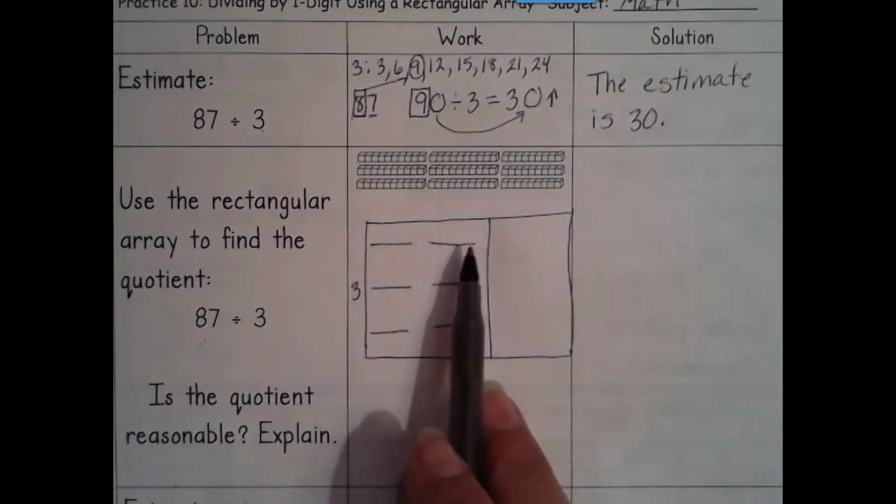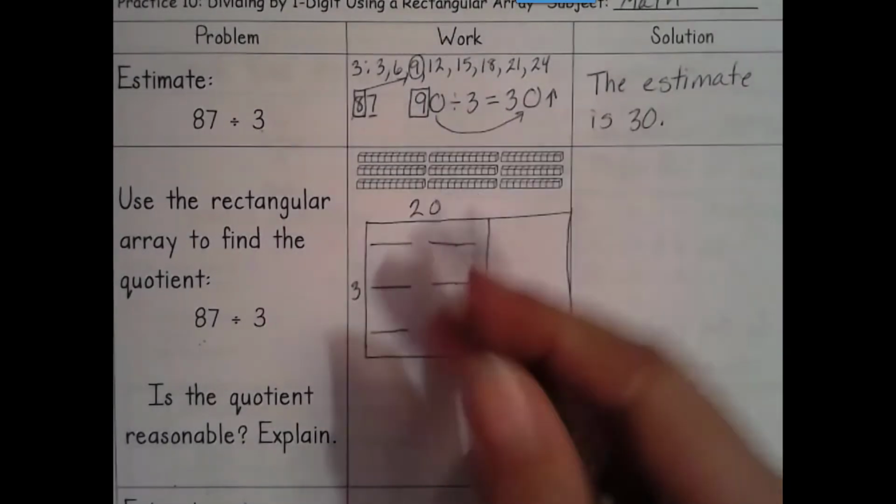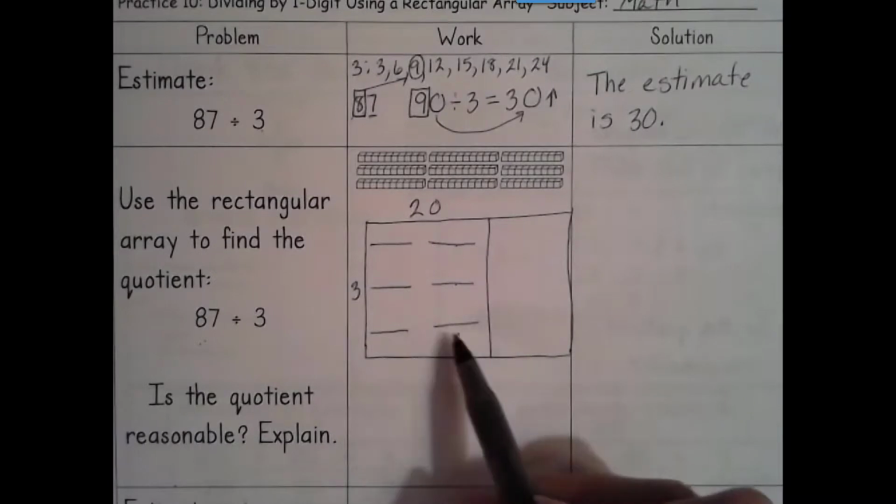That's why 30 is a little too much. So I have 10, 20 in each of these rows. 20, 20, 20.